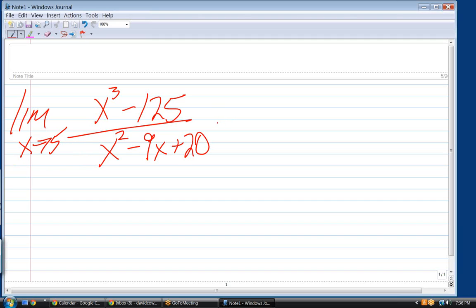So how do you factor the top? What is the top called? The cube rule? Difference of perfect cubes. So it would be x minus 5 times x squared plus 5x plus 25, not 5.